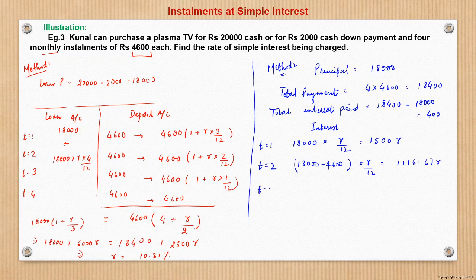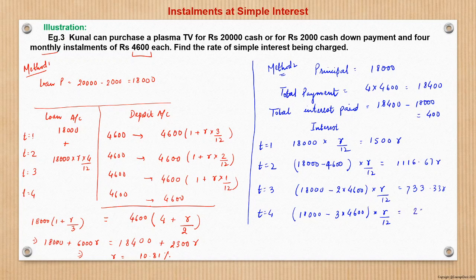Then during third period, this will be 18,000 minus 2 into 4,600 into again r by 12, 1 month interest. So this is 733.33 r, and t is equal to 4. During fourth month, interest charged will be into r by 12.